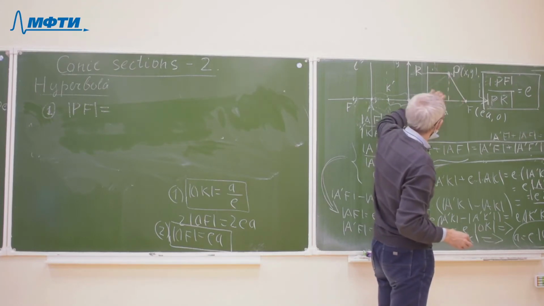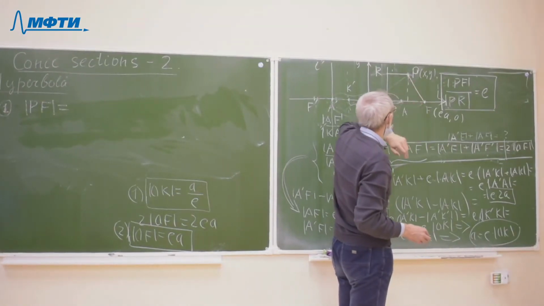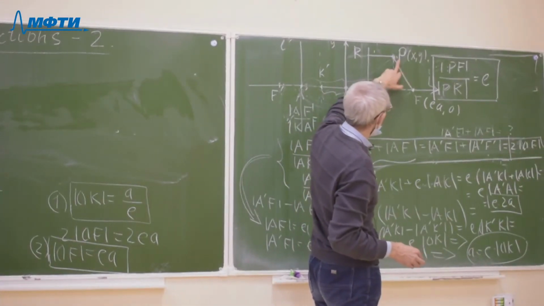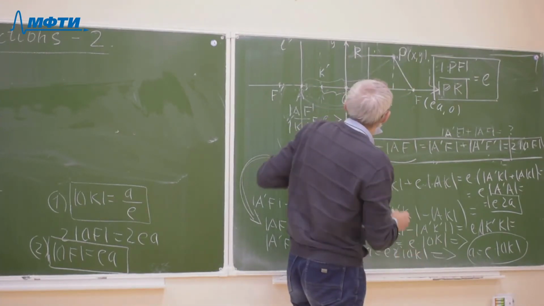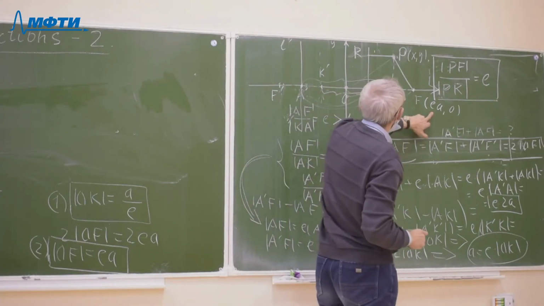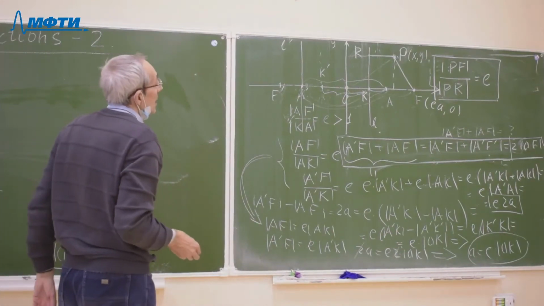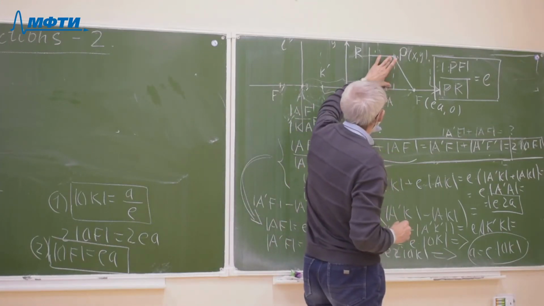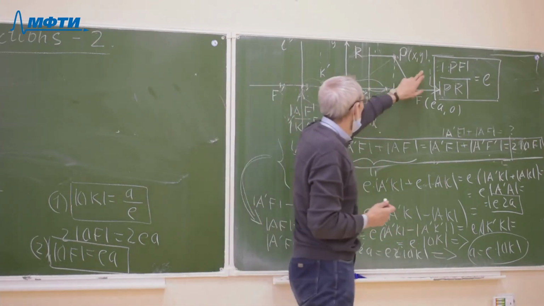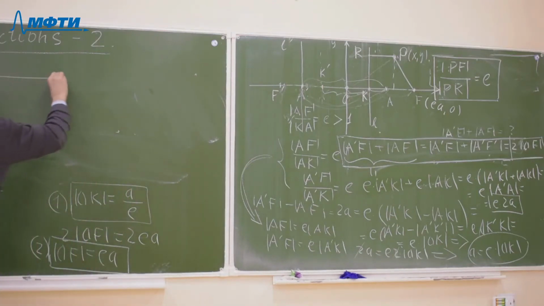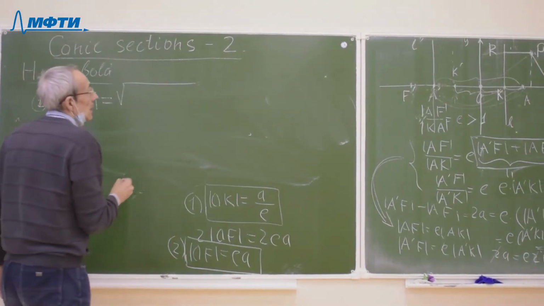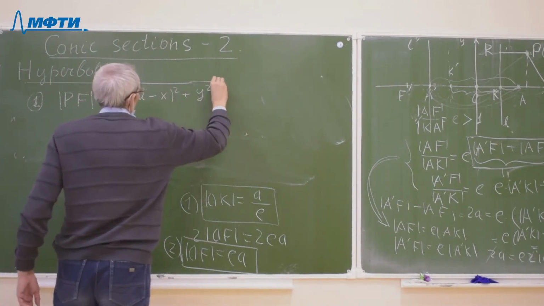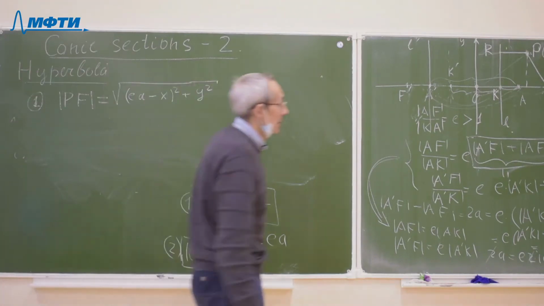We can use the Pythagorean theorem, and this distance is equal to the sum of squares of differences between corresponding coordinates of point P and point F. The difference between coordinates x is equal to EA minus x, and the difference between second coordinates is equal to y, and we obtain that the distance is equal to the square root of (EA minus x) squared plus y squared.